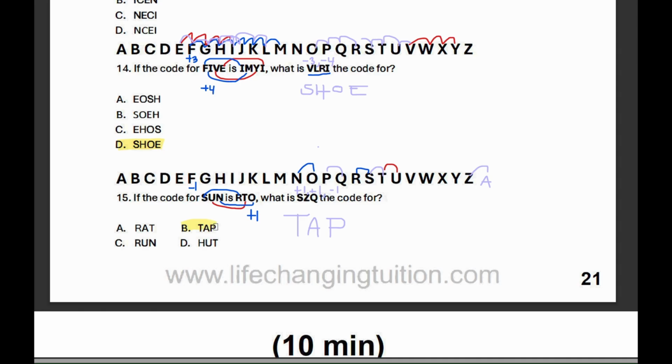All of the other options don't match the mixed shifts. The answer is B, tap. The formula is code uses -1, -1, +1, and invert with +1, +1, -1 to S to T, Z to A, and Q to P.